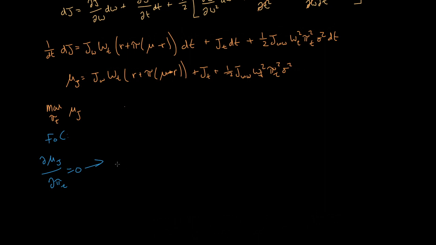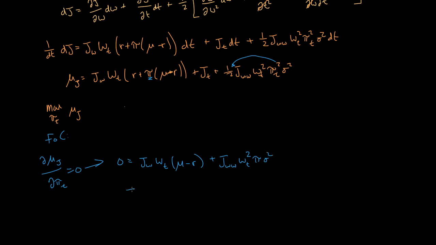And that will be equal to 0 equals, now in here we have a pi here, so that stays. We'll get J_W W_t times mu minus r. This J_t goes away, and then over here this 2 comes down and gets rid of our 1/2. So we'll have J_WW W_t squared pi sigma squared, and that equals 0.